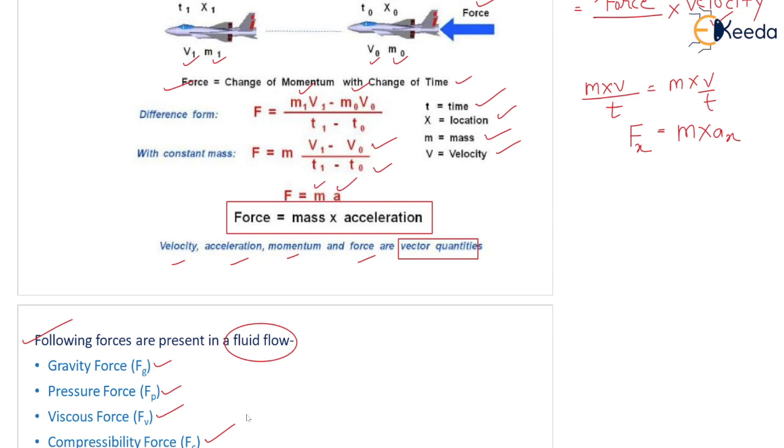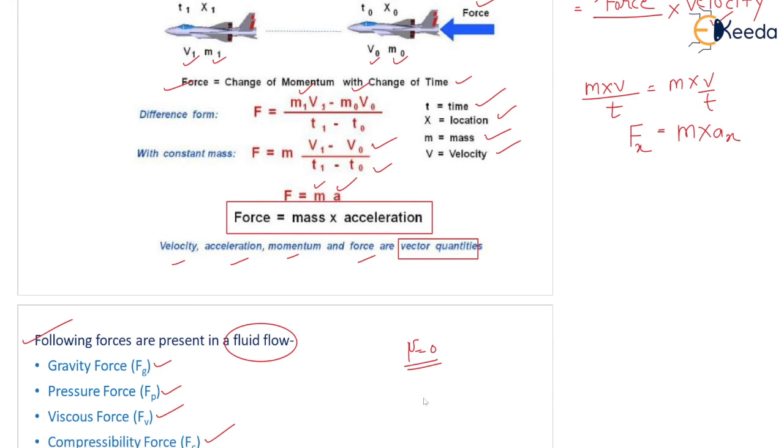Depending upon the case, suppose the flow is laminar and there is no turbulence, correct? Then the turbulence force will be absent. In case of ideal flow, what is the viscosity? Viscosity mu is 0. So viscous force will be absent.